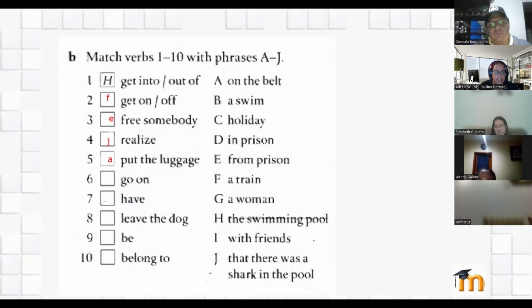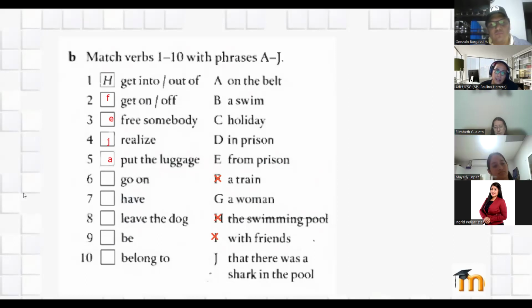Okay, let me eliminate the ones that we already used, so it will be easier for you. Number 10. Okay, Ingrid, belong to in prison. We cannot have to and in together. That's not possible. You cannot have the two prepositions together.